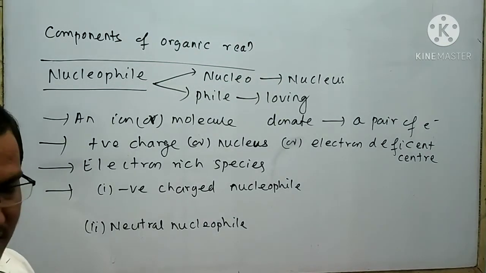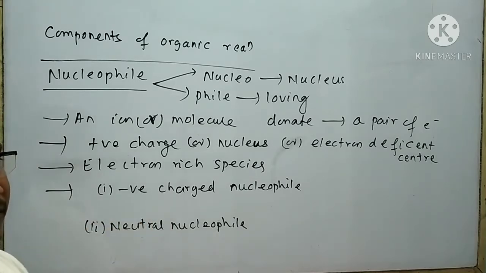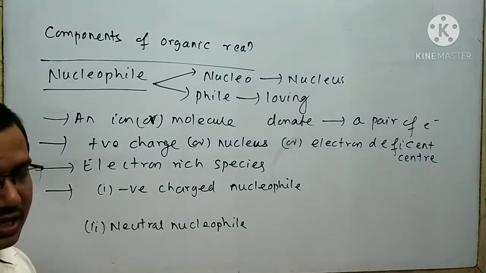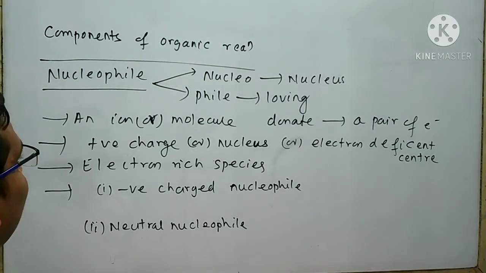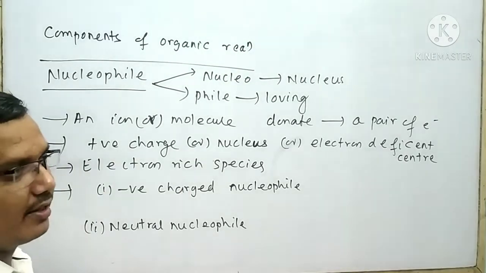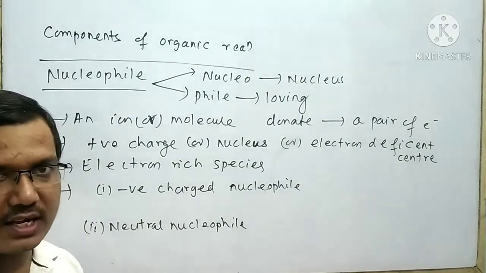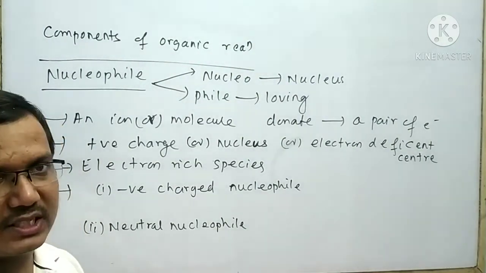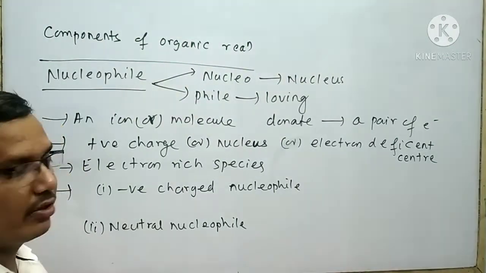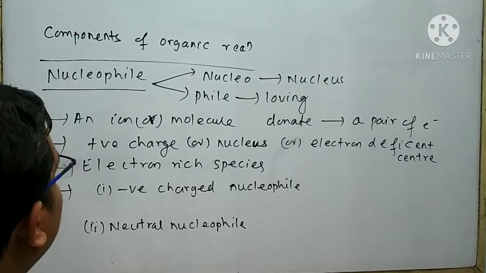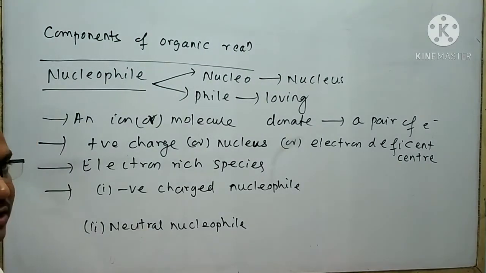If a species has a lone pair, then that type of species is generally electron rich, generally shows nucleophilic behavior, and is called a nucleophile. On the other hand, if a species has a negative charge, then that species is also electron rich and is also called a nucleophile. So there are two types of nucleophile. One is a negative charge nucleophile, another is a neutral nucleophile.